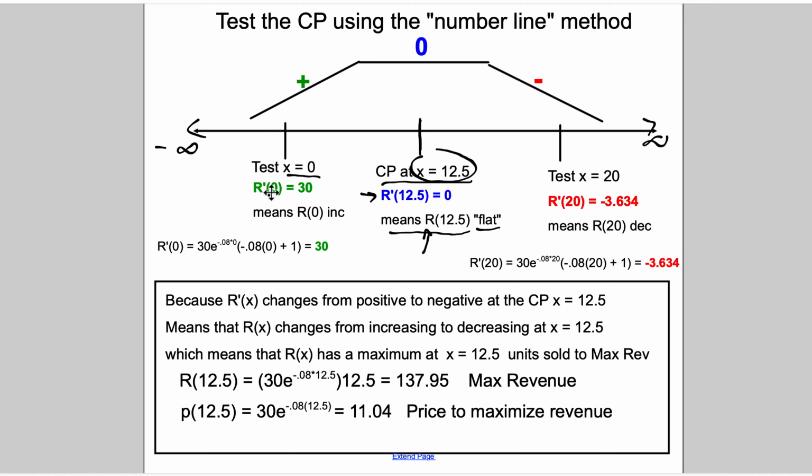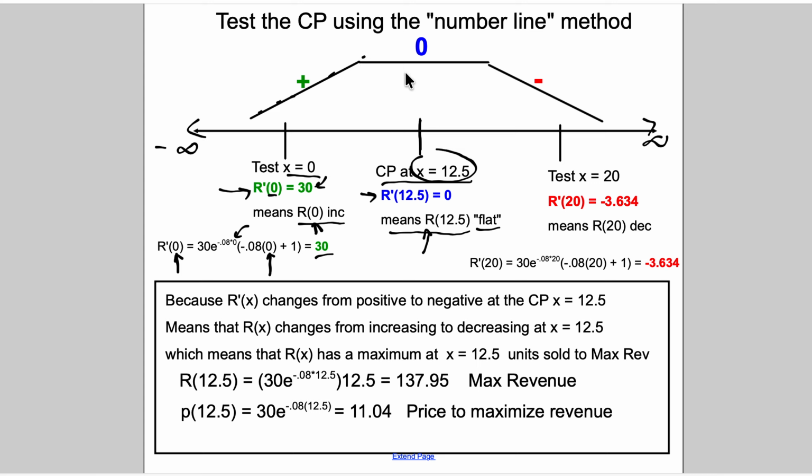So when I plug that 0 into my derivative function, r prime of 0, I just put 0 in everywhere there was an x, and I get positive 30. Positive 30. So because my derivative is positive, it means that my revenue function at x equals 0 is increasing.